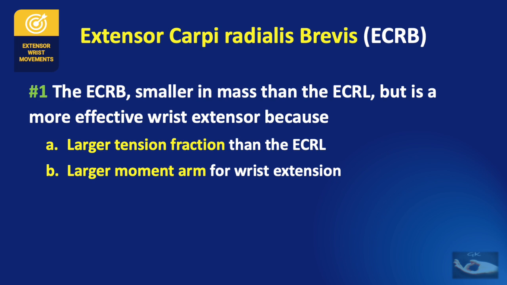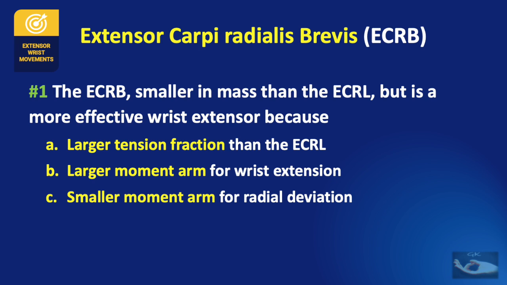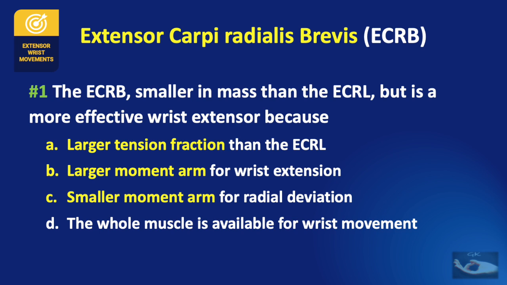It has a larger moment for wrist extension, so it is very easily a wrist extensor. It has a smaller moment for radial deviation, so the power is not lost by radially deviating the wrist, and the whole muscle is available for wrist movement, unlike the ECRL where some of the movement is lost in elbow flexion.